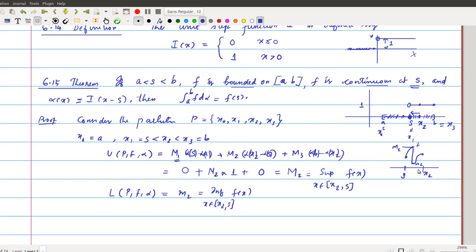Whenever x2 tends to s, the maximum tends to f(s), and the minimum also tends to f(s), because if you shrink this interval by inserting points here, the maximum value and the minimum value converge to f(s) as well.